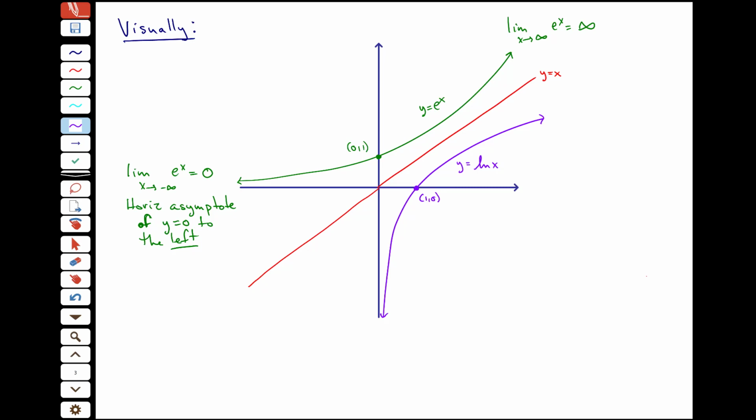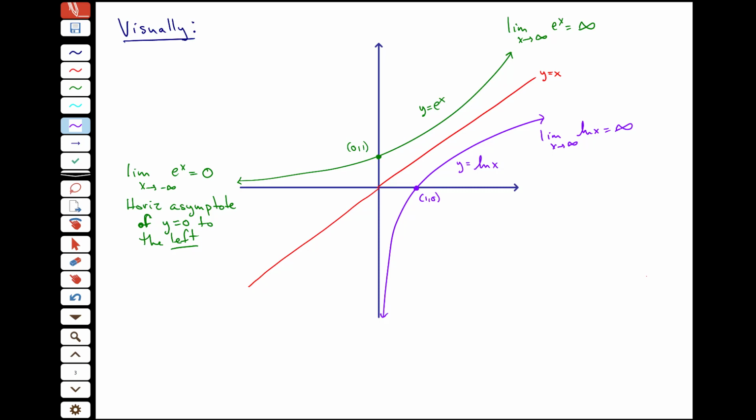So what we see in terms of the limits is over on the right, the limit as x goes to infinity of the natural log of x is equal to infinity. It kind of doesn't look like it, but that's what happens. The values of the natural log of x get bigger and bigger.